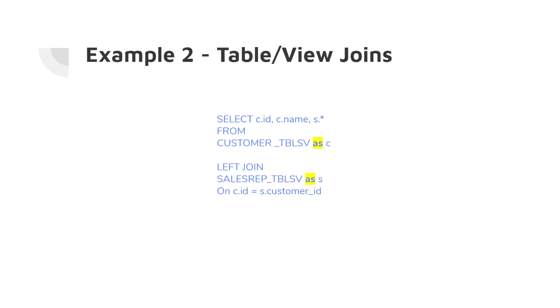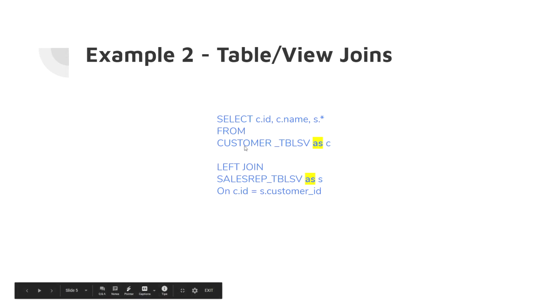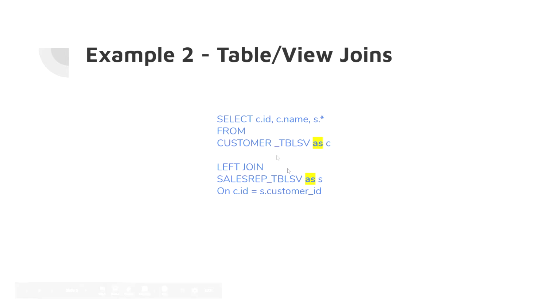And in our next example, we're going to be applying the alias to a table or view. Now, obviously, this isn't something for the end user because this is just something that's going to stick in the code. You're not changing any sort of output or anything like that. This is really just used when you're working with joins, right? So I have a customer table here and I have a sales rep table here. They have very long names, and I'm joining these two tables.